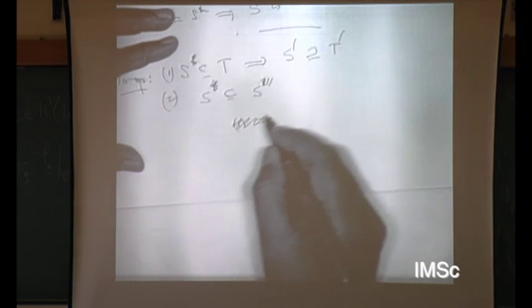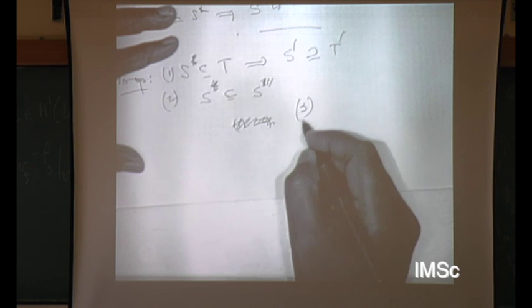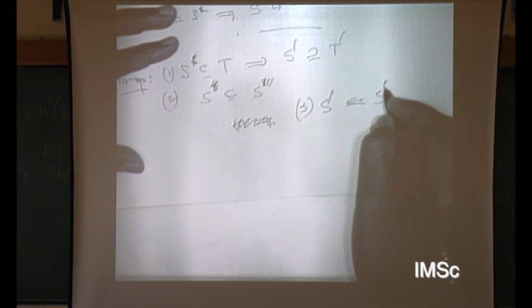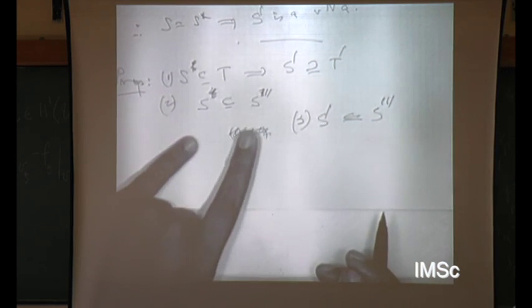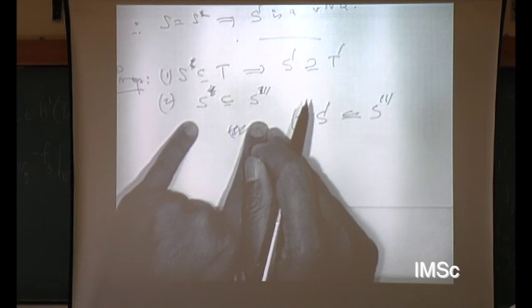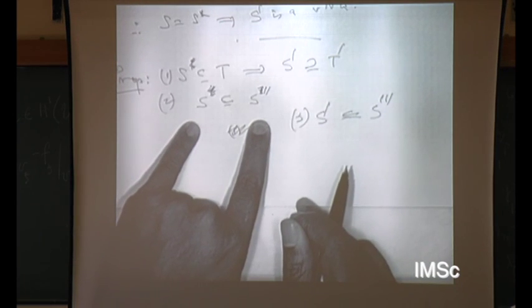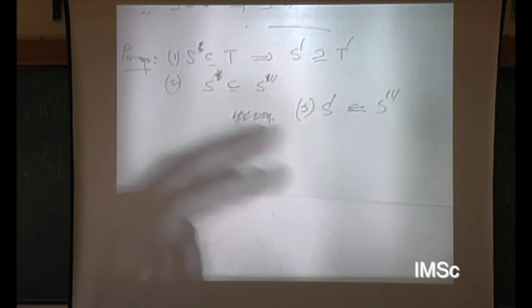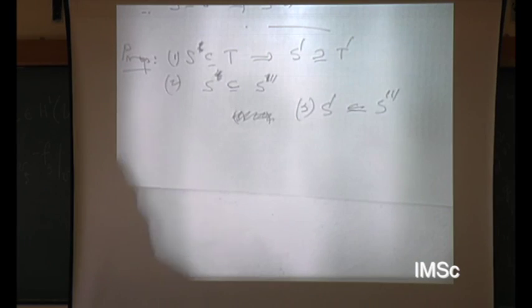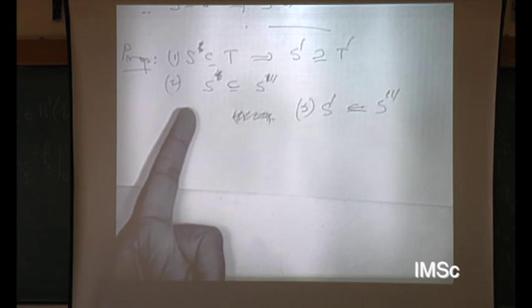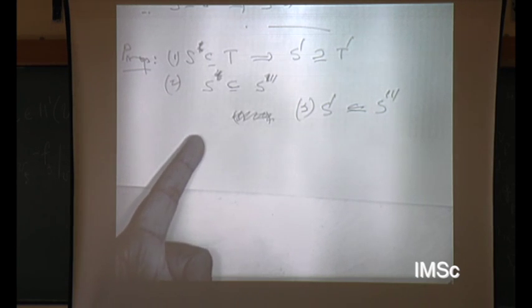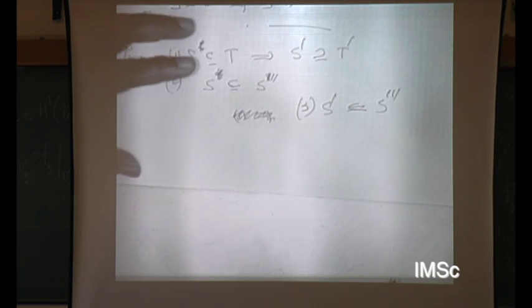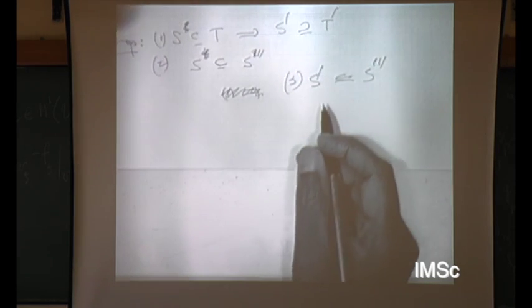So, by putting these two things together, I want to conclude that S prime is equal to S triple prime. Because if I apply 1 to this relation, I have S prime contains S triple prime. On the other hand, S triple prime is the double prime of S prime, so it will contain S prime, by what was said. So 1 and 2 imply 3. Right? So always S prime equals S triple prime.